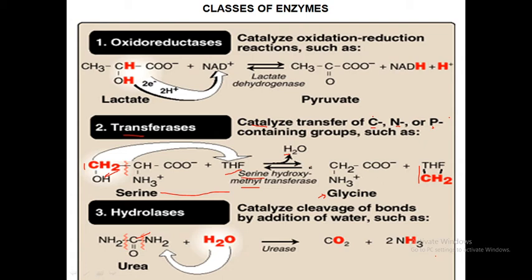One of the most important are hexokinase and glucokinase. With the help of their coenzyme, particularly magnesium ion, they bring about the transfer of a phosphate group from ATP. After the transfer, ATP becomes ADP, and that phosphate is added to the glucose molecule, and glucose becomes glucose 6 phosphate.